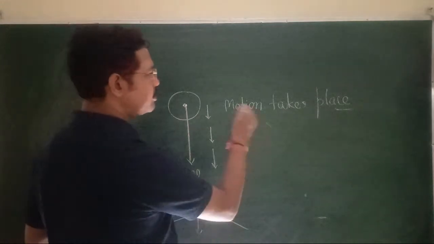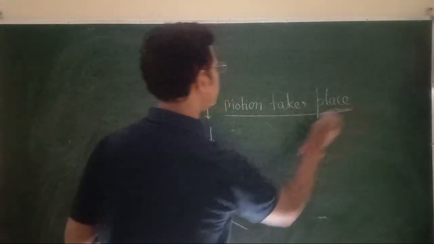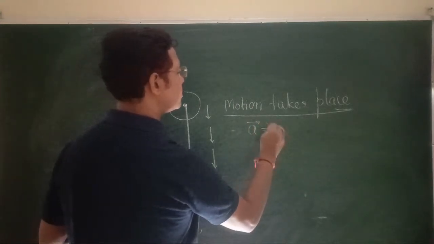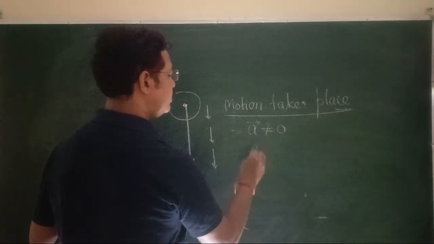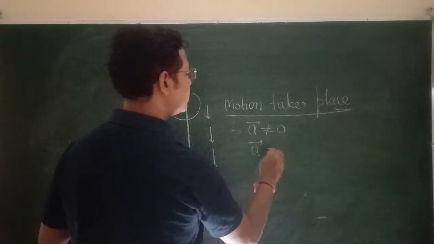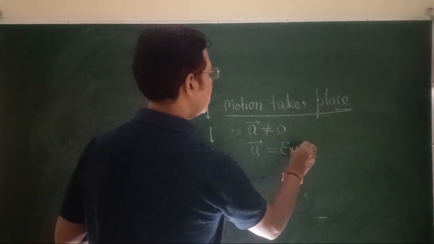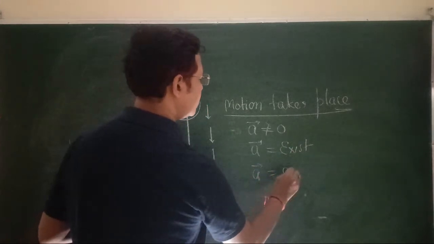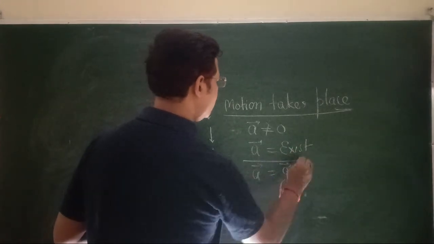So in this case, when the body is in motion, the ball is in motion, acceleration is not 0. So there is acceleration. This a is equal to the acceleration of the earth.